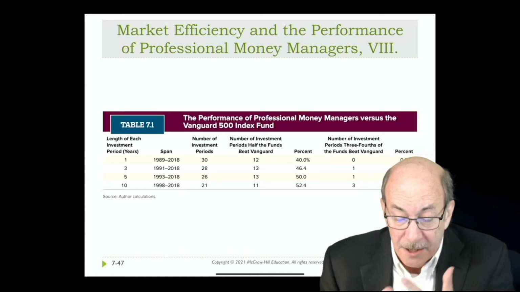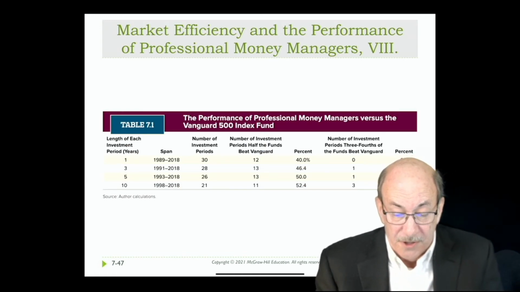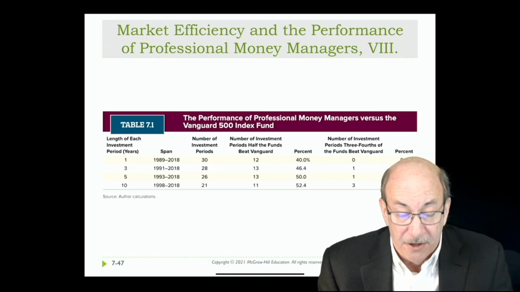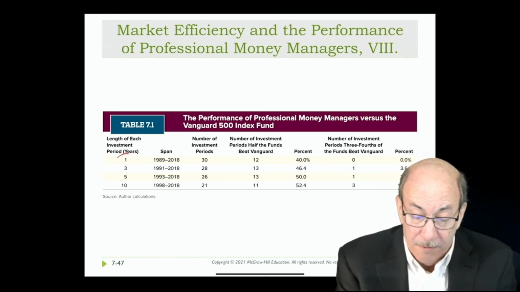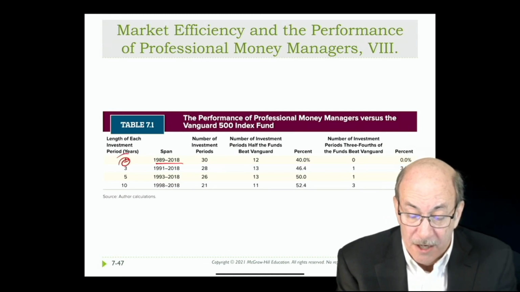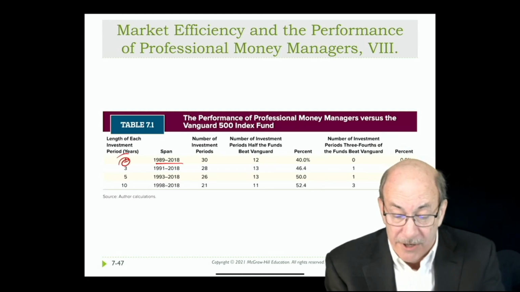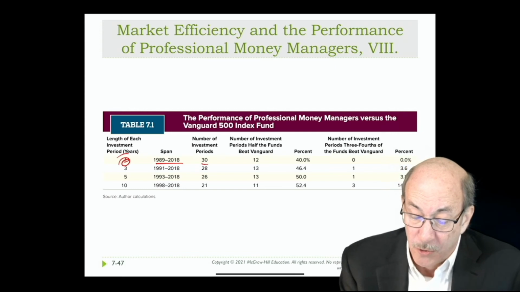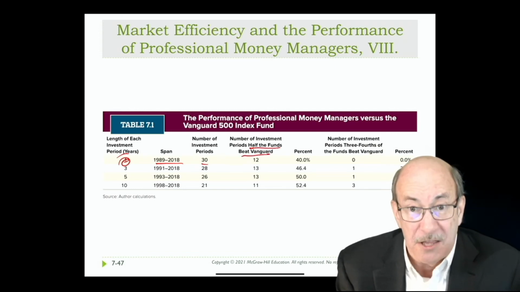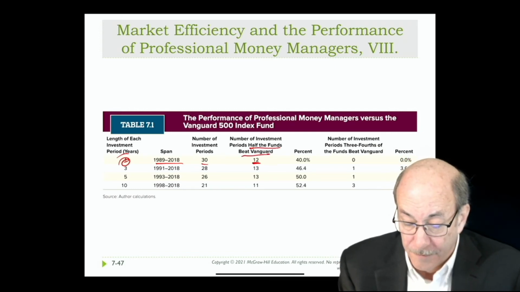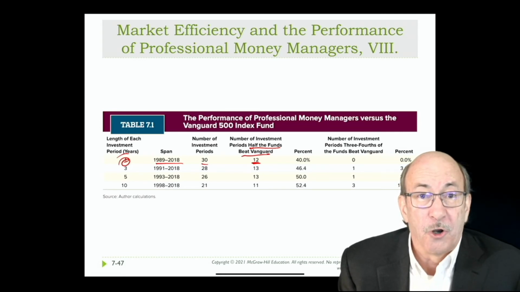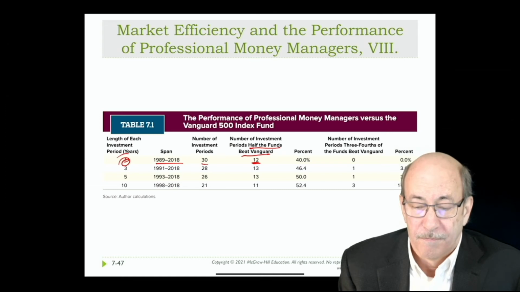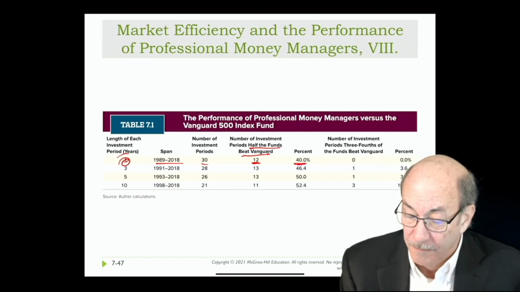And then again, yet another way of viewing this. If we look at length of investment period of 1 year over the span of 89 to 2018, so we've got 30 years here, the number of investment periods where half of the funds beat the Vanguard, only 12 out of 30 of those years did they beat the Vanguard 500. So 40%.